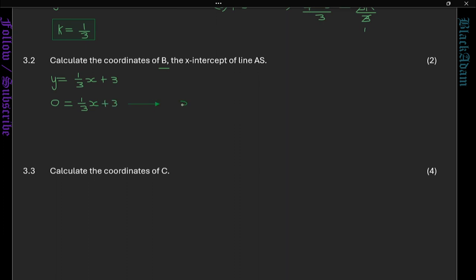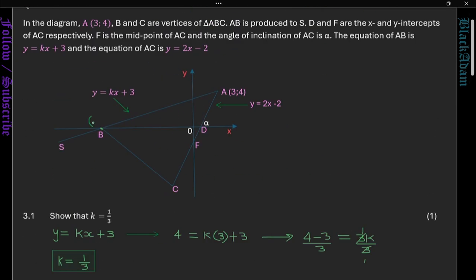That means we have 1 over 3 x is equals to negative 3. So multiply by 3 over 1 on both sides, which gives us x is equals to negative 9. So B, where x is negative 9, y is 0. That's the coordinate for B, negative 9 and 0.